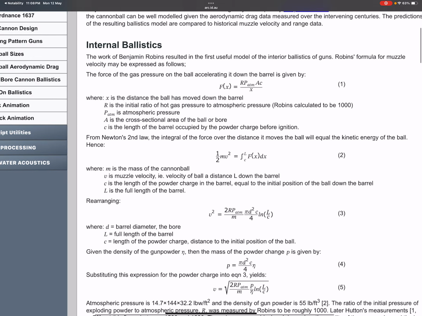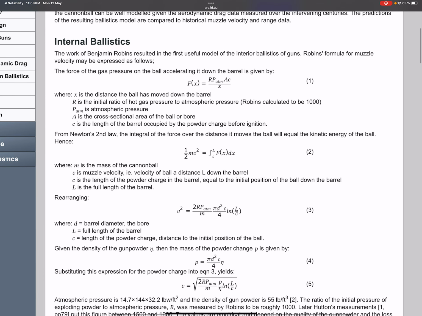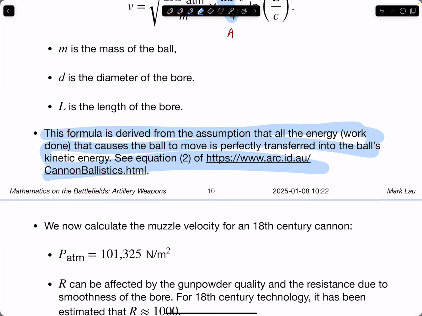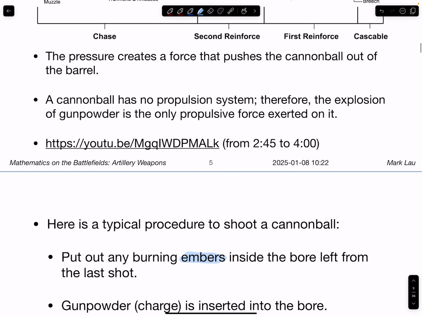So half m v squared. Oh, so basically the quantities L and C come from the limits, and I forgot to include the limits. Makes sense. Yeah, the limits are C to L because X is basically like X0. Let me just try to make myself understand this.